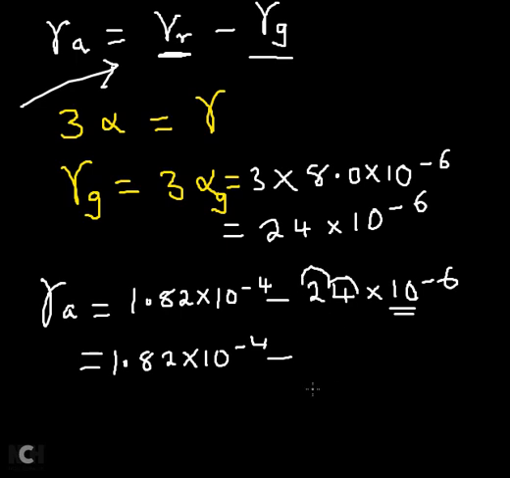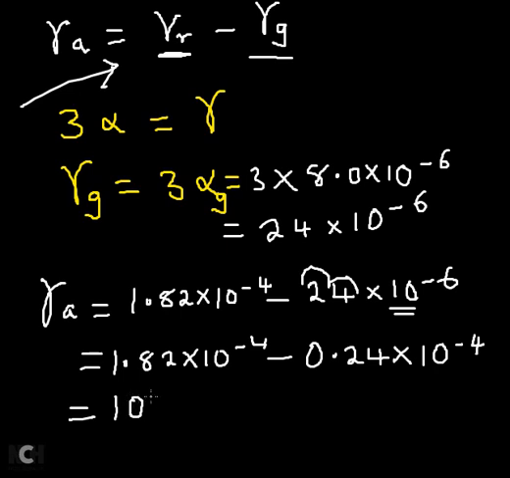If I move this decimal point 2 times, I'm going to have 0.24. By moving the decimal point 2 times backward, I'm going to add 2 to this power of 10. I'm going to add 2 to this minus 6. If I add 2 to minus 6, I'm going to have 10 raised to the power minus 4.